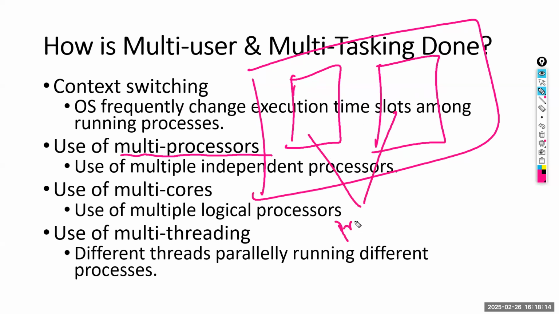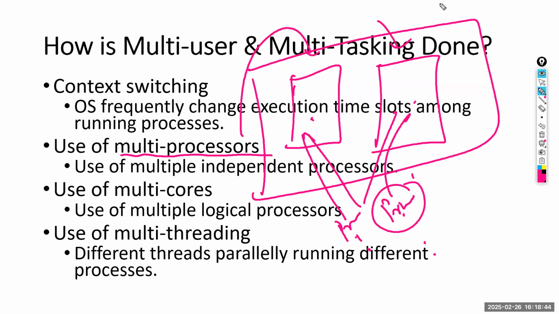Maybe process one is handled by processor one, process two is handled by processor two. Workload can be shared because we have physical processors. But that is not usually the case in our day-to-day laptops and smartphones. Anyway, there is the possibility.